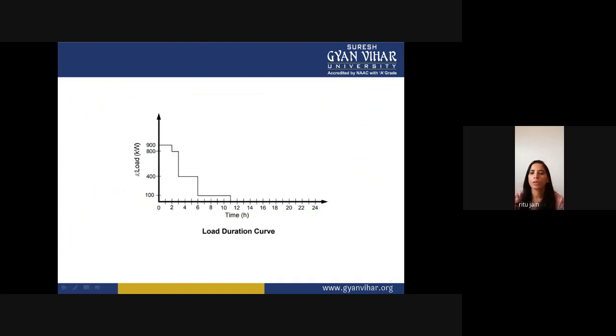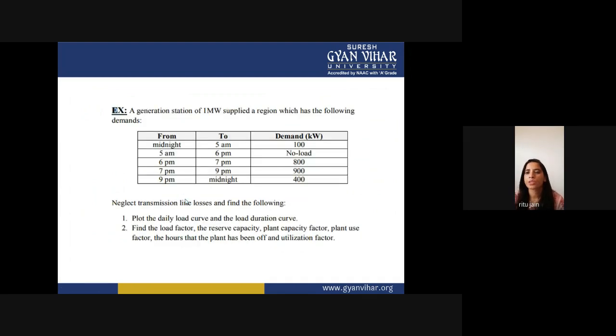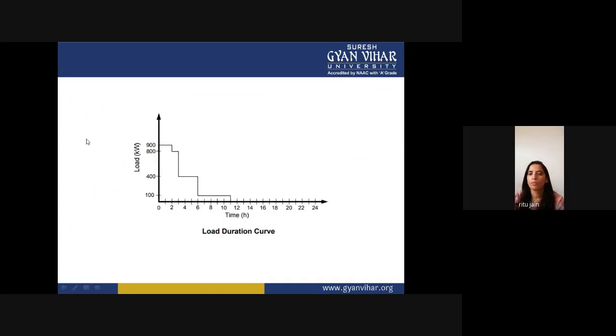Then from 5 a.m. to 6 p.m. there is no load. After 900 you are using 800 kilowatt, which is from 6 p.m. to 7 p.m. only for 1 hour.